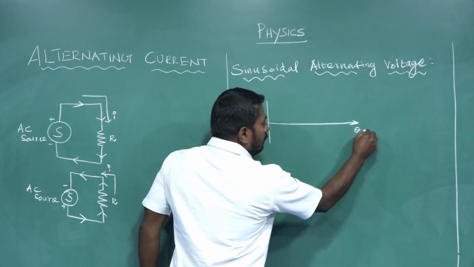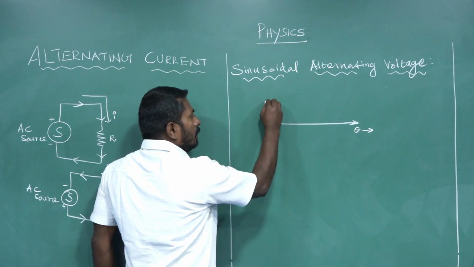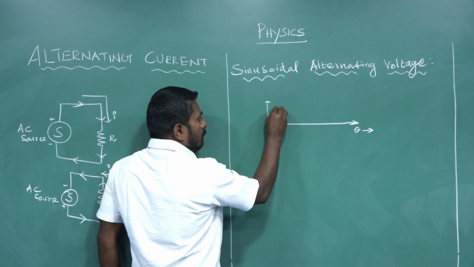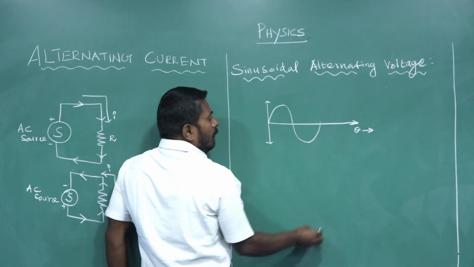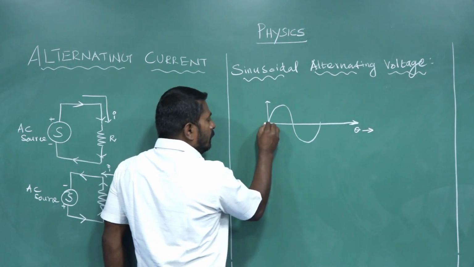Theta is taken along the x-axis. This is one complete cycle of alternating voltage.